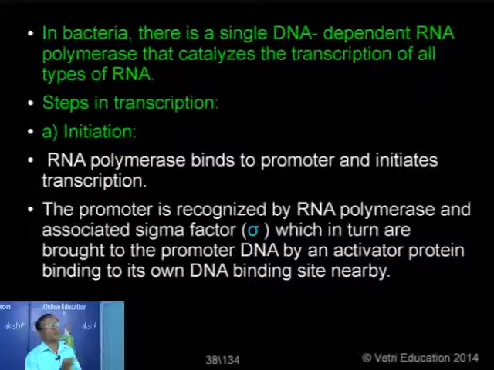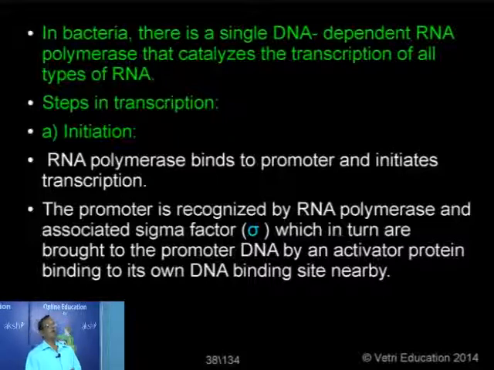Beyond that we don't want. So we have to stop the process after finishing the transcription. We don't want any further transcription, so we need a termination. So there are three processes: initiation, elongation of the chain and then termination of the chain. So that we can have what is called a primary transcript, which is later processed.